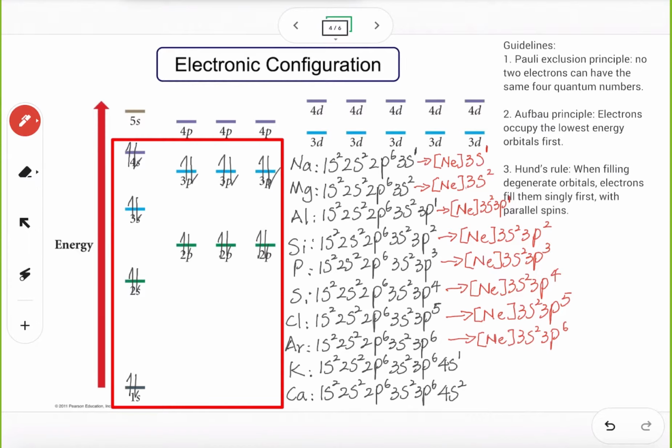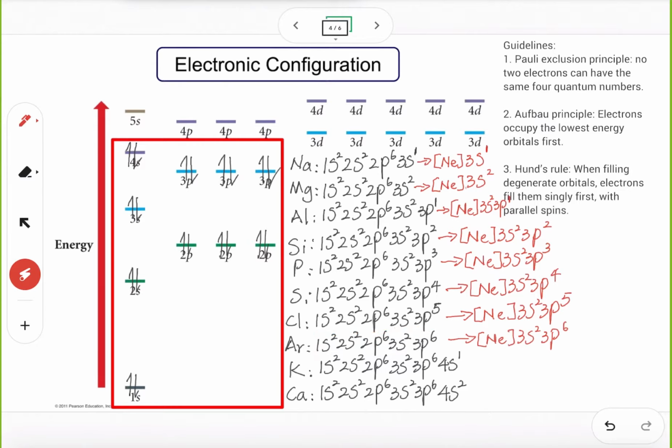Now the next element, potassium. For potassium, it's going to be different from these elements. If you take a look at the full electronic configuration of potassium, these 18 electrons will be the core electrons. In other words, those 18 electrons will never be part of the chemical reactions of potassium. Those 18 electrons happen to have the same configuration as argon.